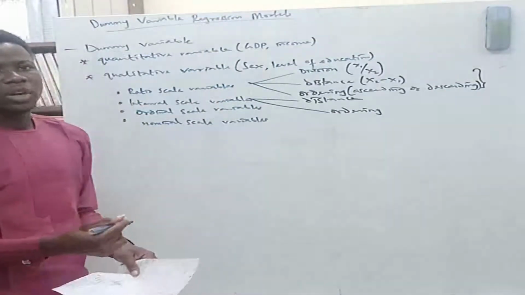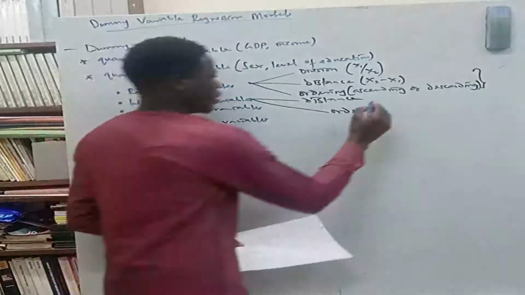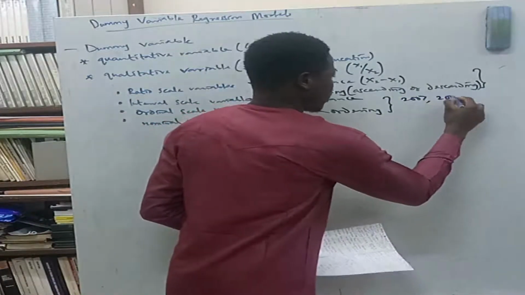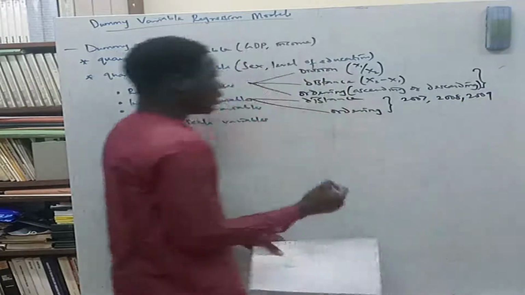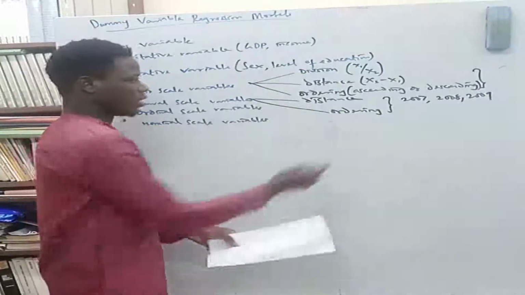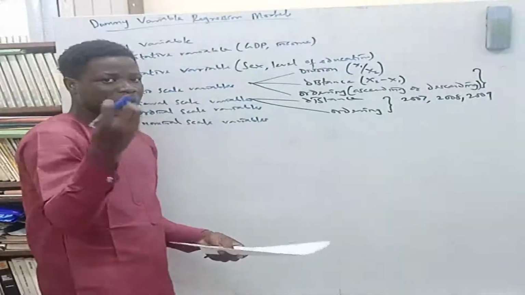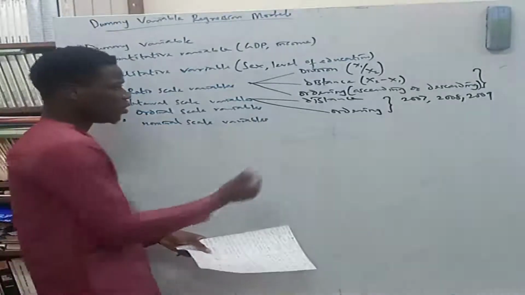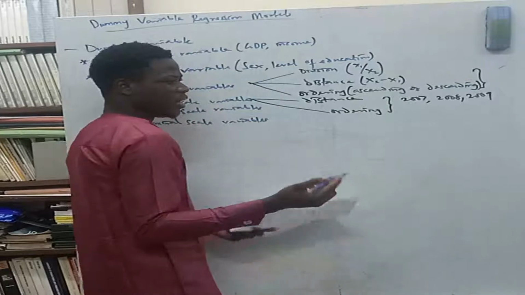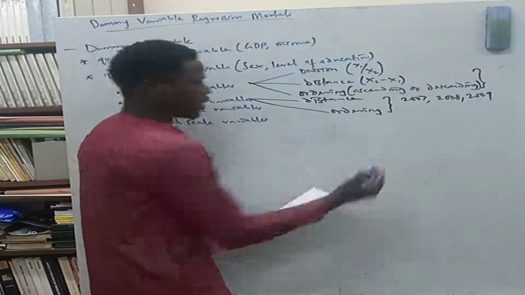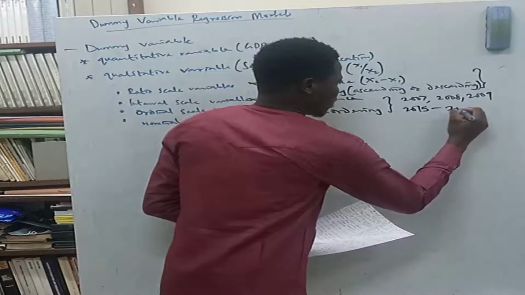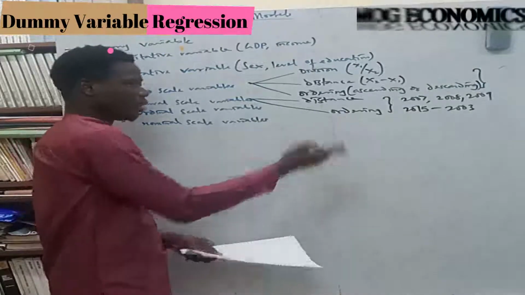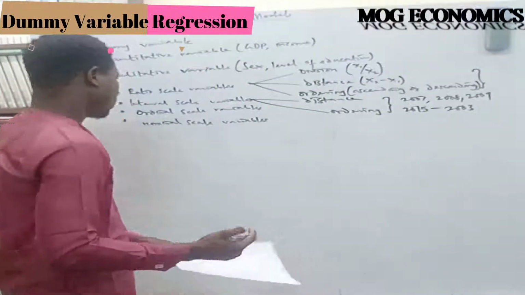For instance, if you are talking about time periods, looking at years, 2007, 2008, 2009, and you divide 2007 by 2008, what you get is not meaningful. But if you're looking at distance, you can say how many years are there between 2015 and 2003. Then ordering, you can arrange in either ascending or descending order.